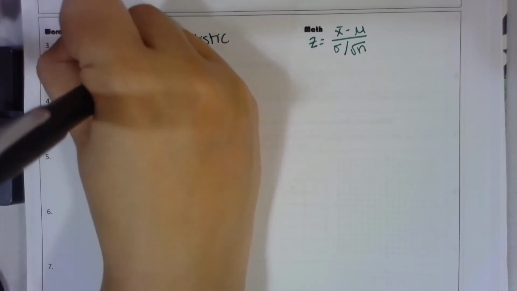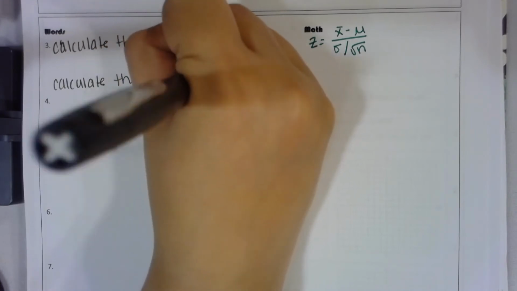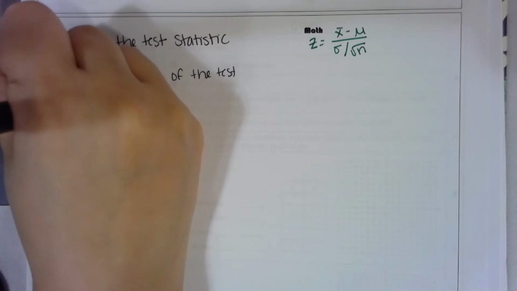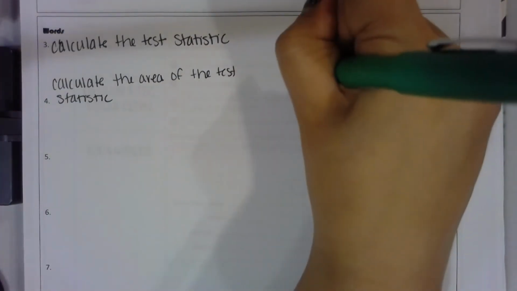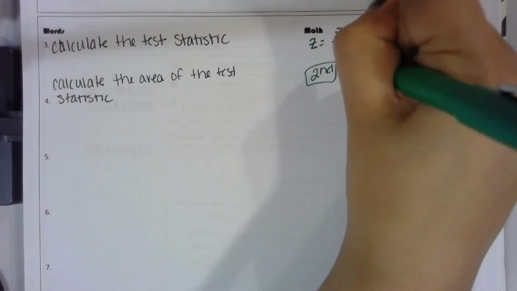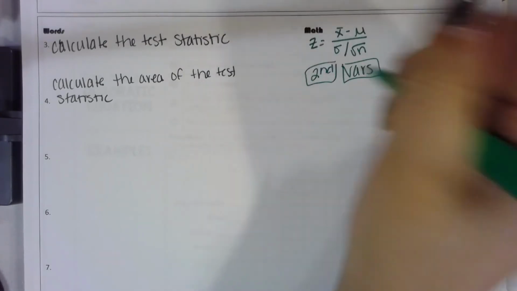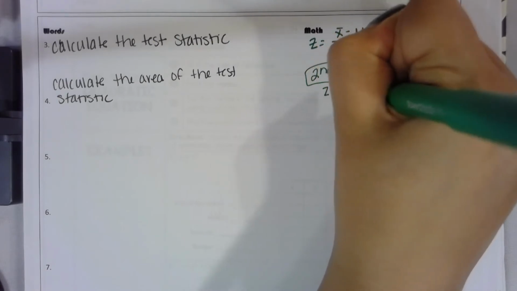And your 5th step is to use the area to find your p-value. So I'm going to rewrite this again. Alright, if you are left-tailed, this is on a previous page, but just in case, we're going to redo this.